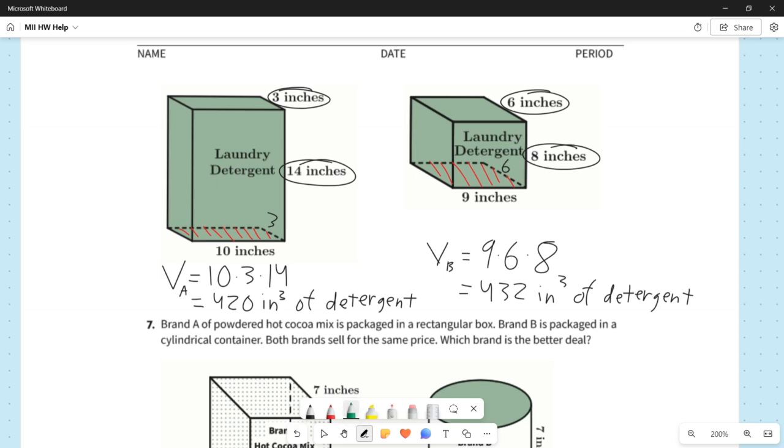I think it's sufficient to see that 432 is larger than 420, and so this is sufficient evidence that the box on the right, despite looking smaller, actually does contain more detergent, assuming that the box is filled, which we have to assume mathematically. But yes, the more cube-looking box on the right actually does contain more detergent than the cereal box thing on the left here.